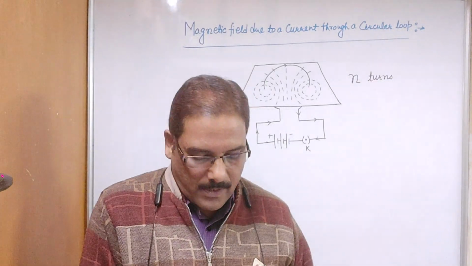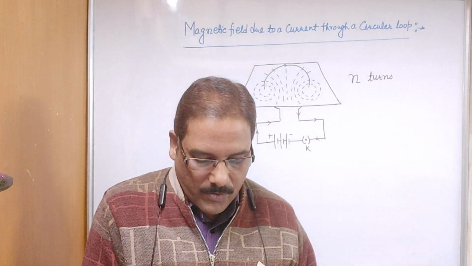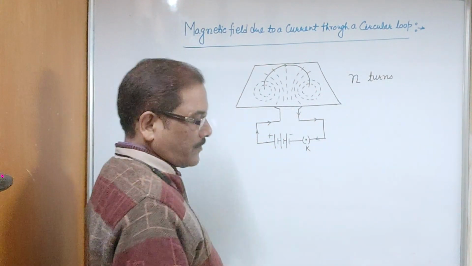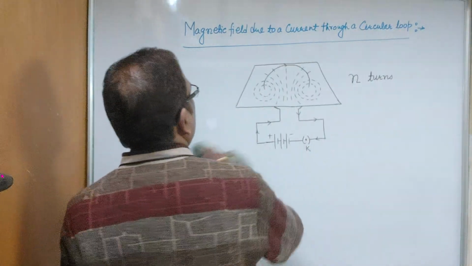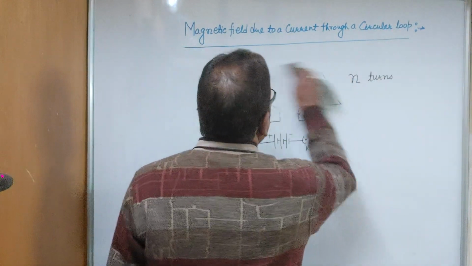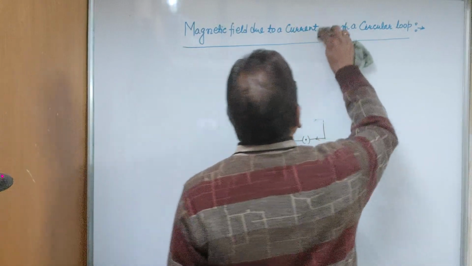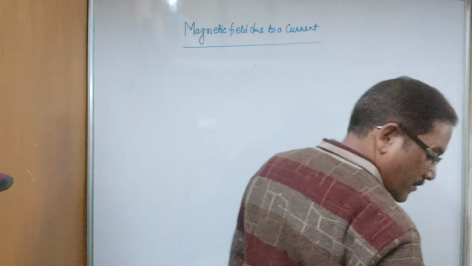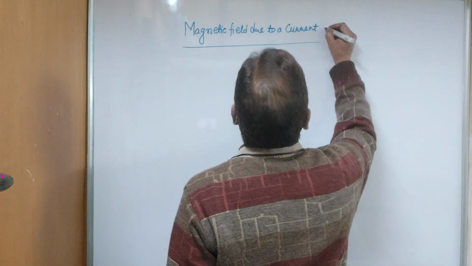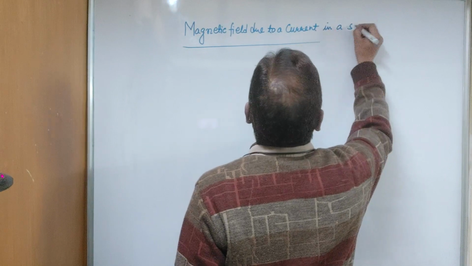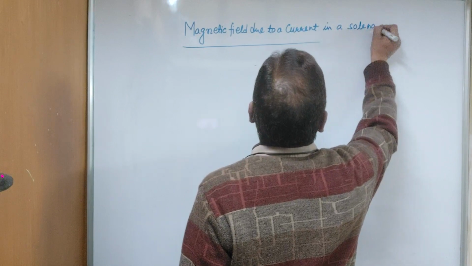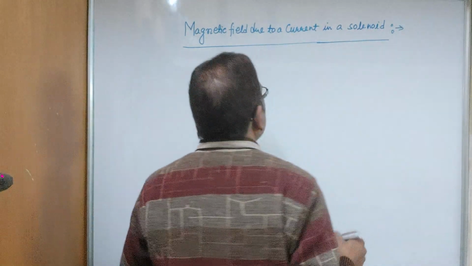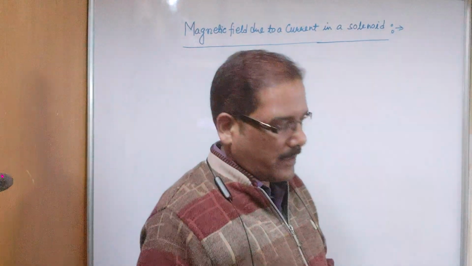Now we will discuss the magnetic field due to current in a solenoid. So first try to understand what a solenoid is.